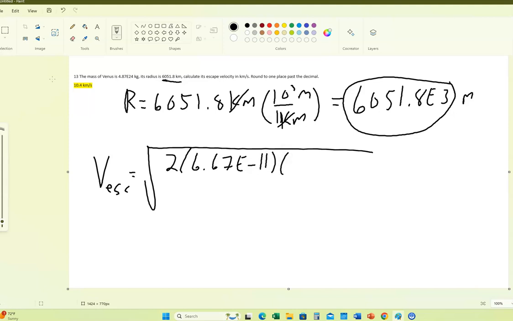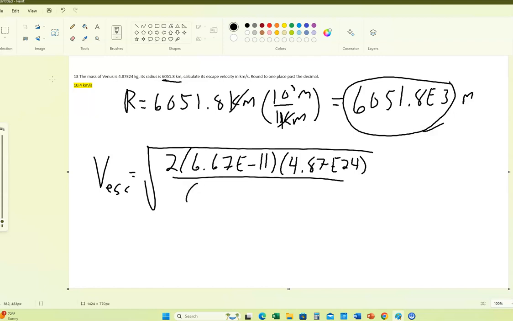So this is Venus, so it's actually very close to the mass of the Earth, just slightly smaller. So this is 4.87 times 10 to the 24th kilograms. All right, and then we divide by the radius, but in what I have circled right here in meters.